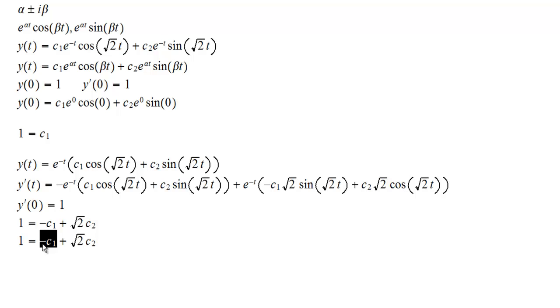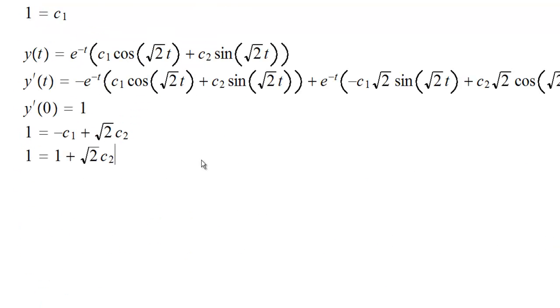We'll put our c1 as 1, and in fact, it is a negative 1. So what happens now is this quantity will be 2, and C2 is going to be simply 2 divided by square root of 2, that is square root of 2.